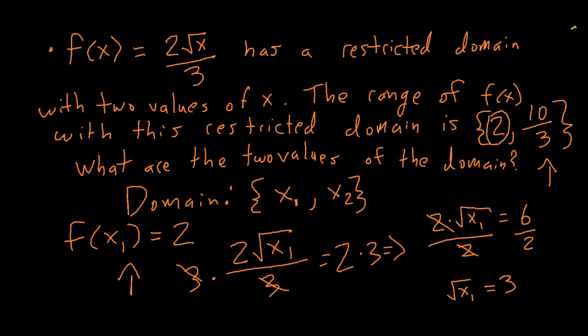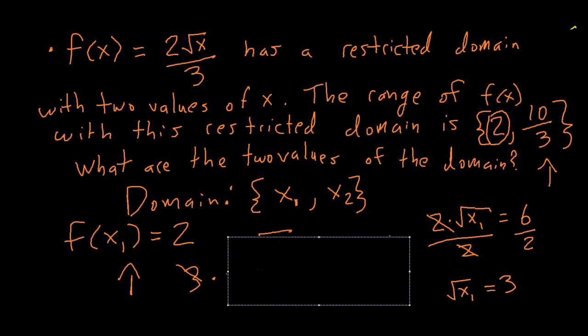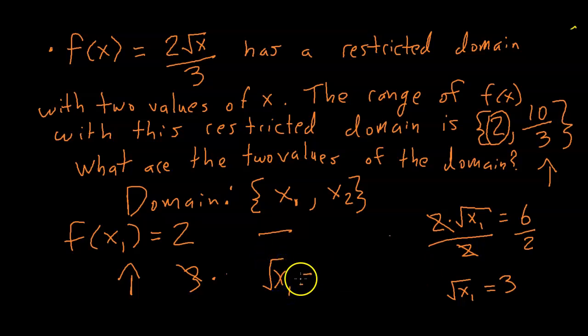So now let me just make a little bit of room over here. And if the square root of x sub 1 equals 3, how can we undo the square root sign, right? Well, we can take the square of both sides.